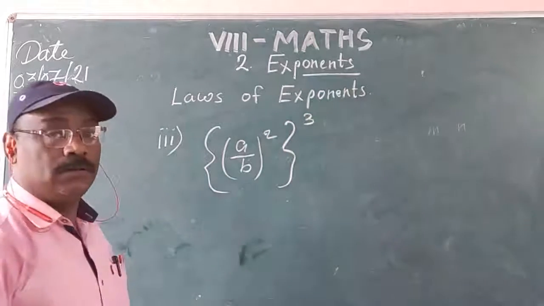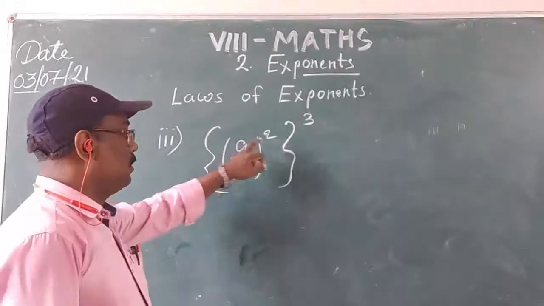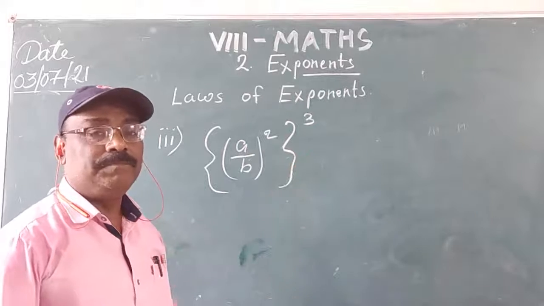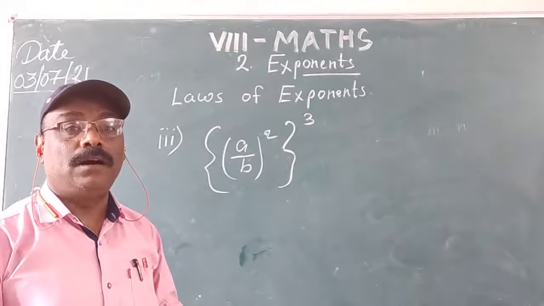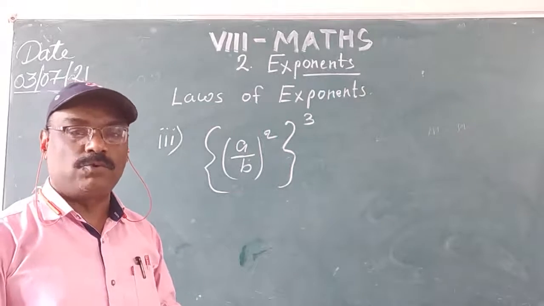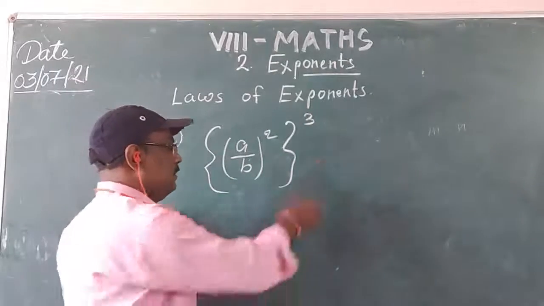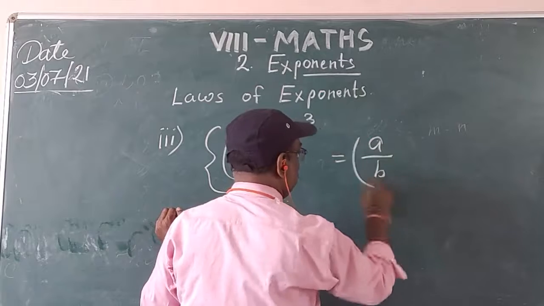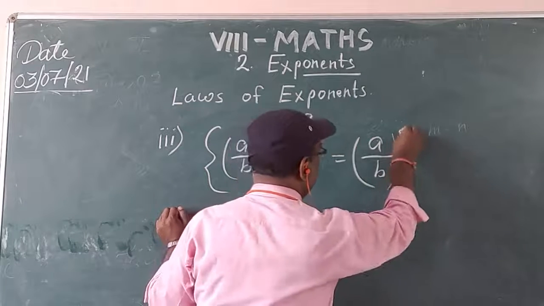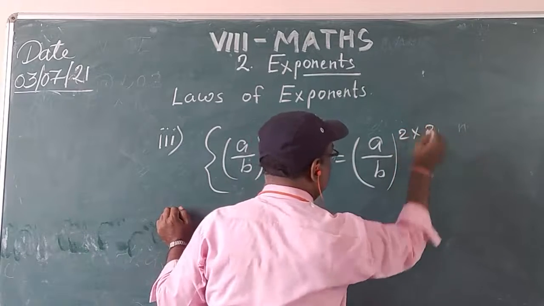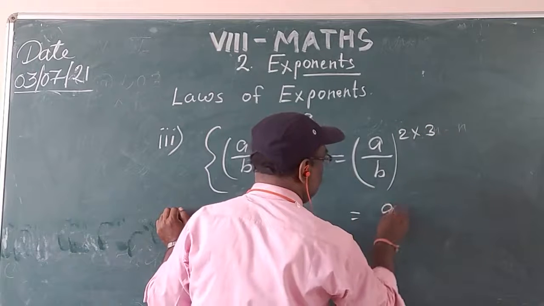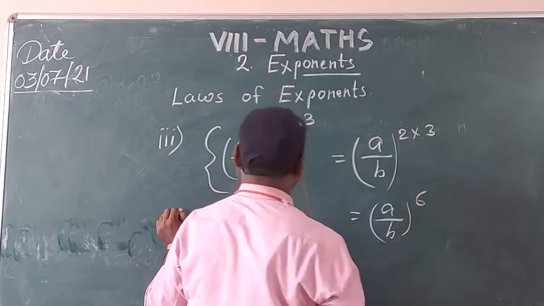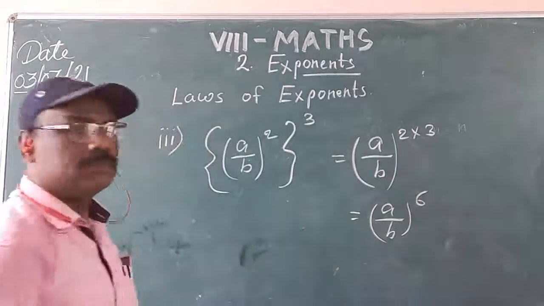In this case, there are two powers, 2 and 3, so we multiply the powers. We take the common base a/b, and put 2 into 3. That is equal to (a/b)^6. Like this.